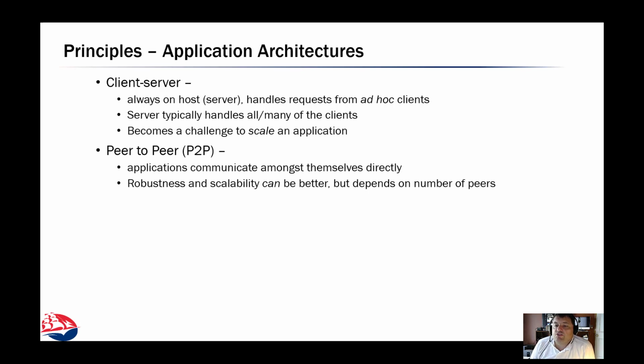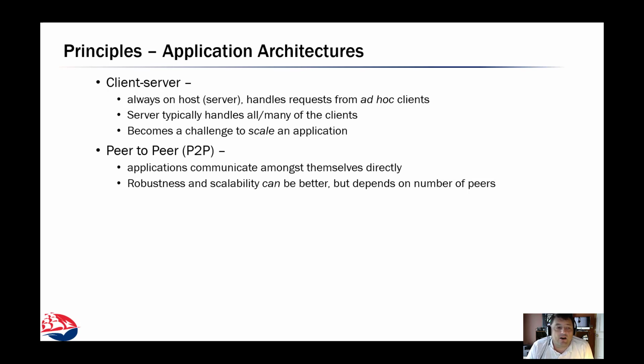The applications architecture is another core principle of network design and applications. There are generally two versions of this, the client-server model and the peer-to-peer model. And we're going to look at some math around this later on, but the idea and some of the differences here, we'll kind of summarize them now.